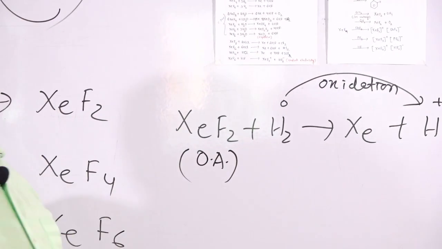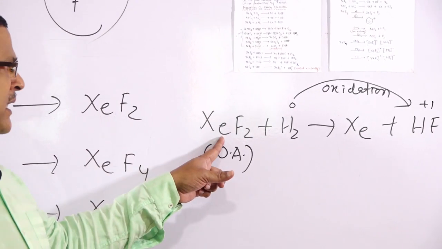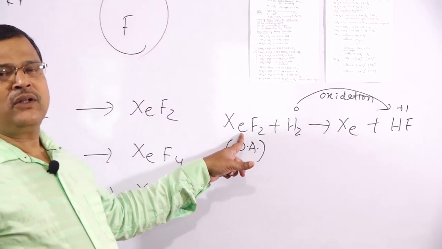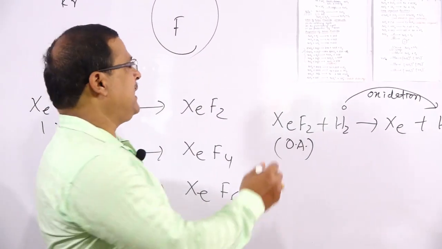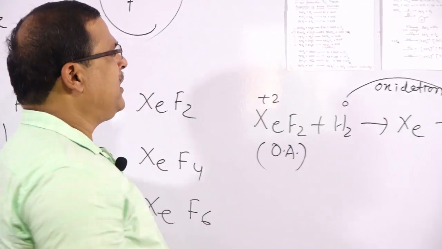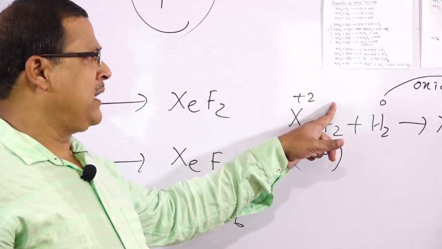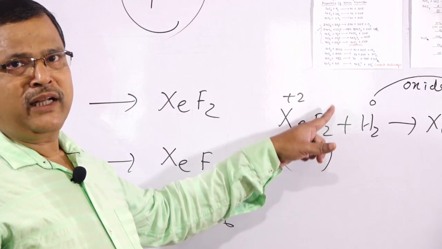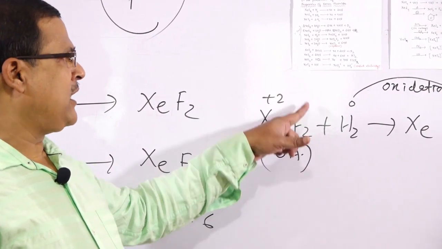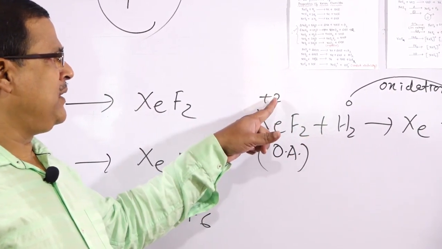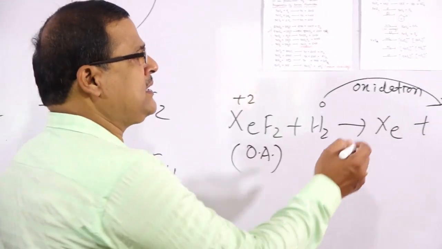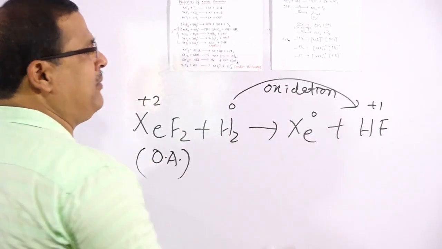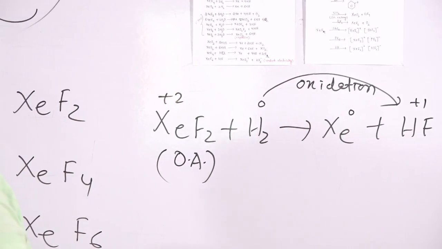This will act as the oxidizing agent because in this case xenon has an oxidation state of +2. Fluorine is -1, so two fluorine atoms give -2, and xenon must be +2. And in the atomic state, xenon has 0 oxidation number.